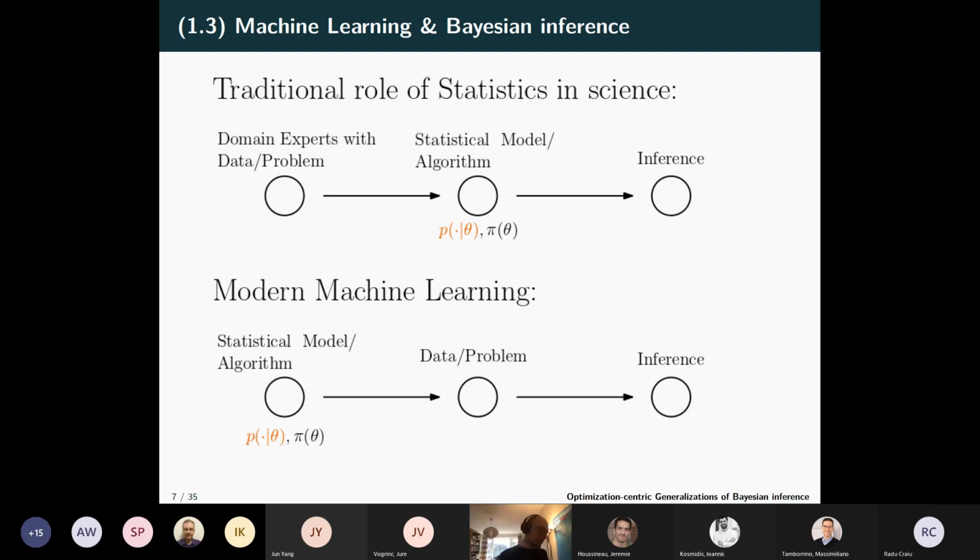Now, in contemporary statistical practice, in particular in what people call machine learning, often the problem is actually formulated backwards. So rather than starting with data or a problem, people will come up with some algorithm or a statistical model for the purposes of this presentation. So you have a statistical model. That means a likelihood and a prior. And then you don't actually know what kind of data you will be encountering yet.